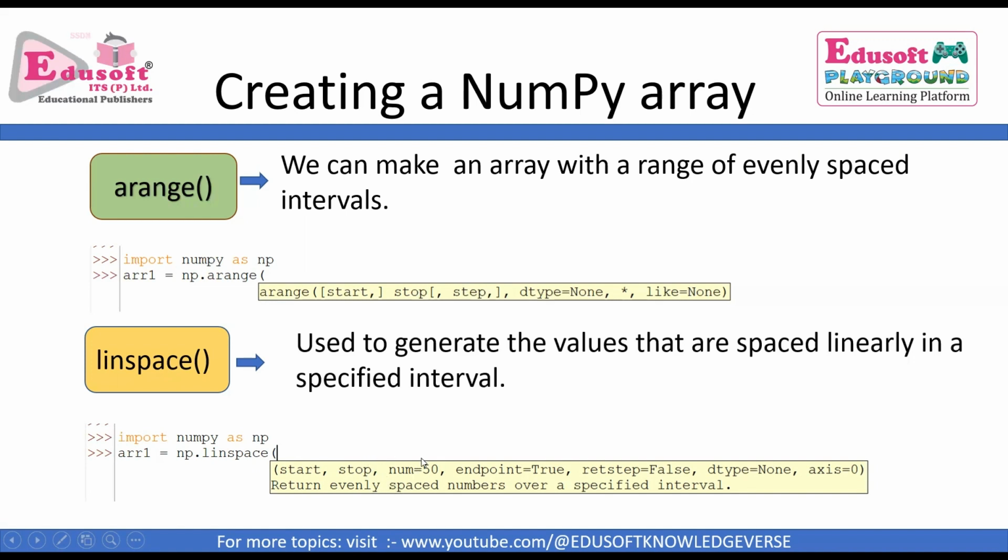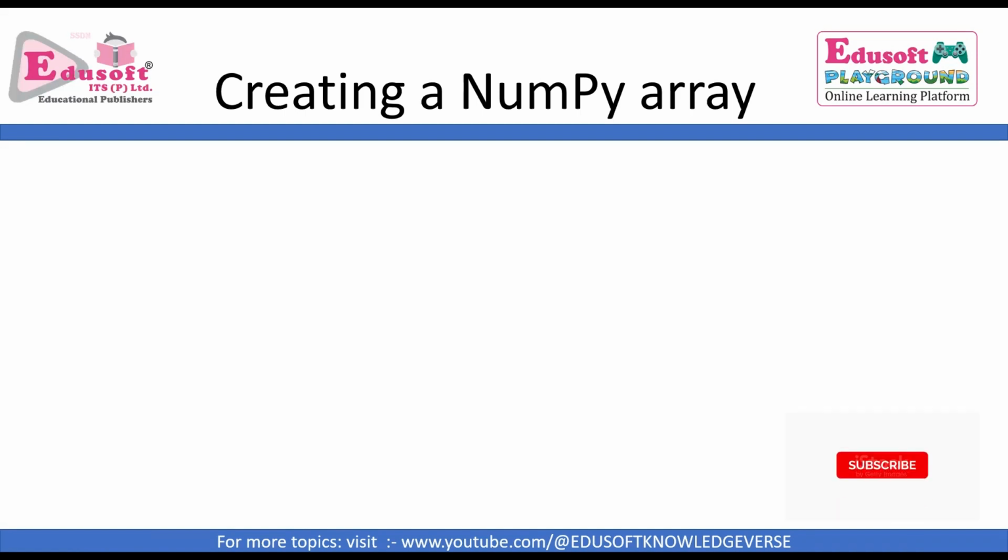And for num, I have to pass 40. It will return evenly spaced numbers over a specified interval. So it will create an array whose elements will be in the given range between 0 and 100, and how many elements will it return? 40.